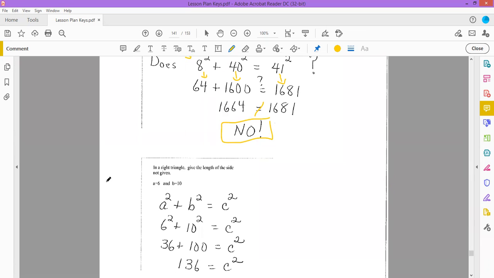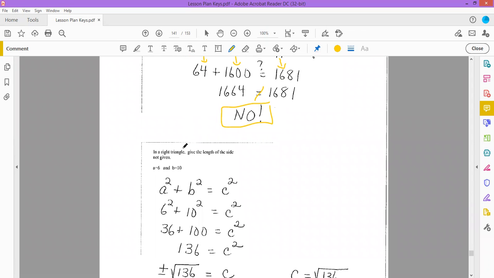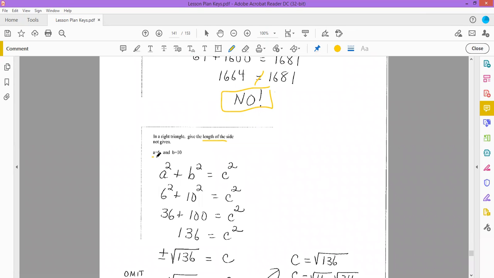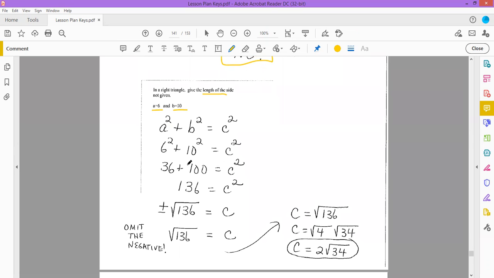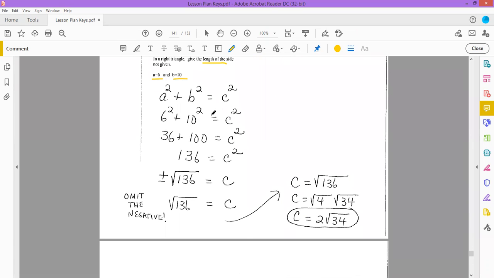In the next example, we're told that in a right triangle, we have the length of one of the sides that's not given, and we want to find that length. So we are given A and B. We'll rewrite our Pythagorean theorem, A squared plus B squared equals C squared, and we're substituting the lengths of A and B. So where A is, we put 6, we get 6 squared, that's 36.